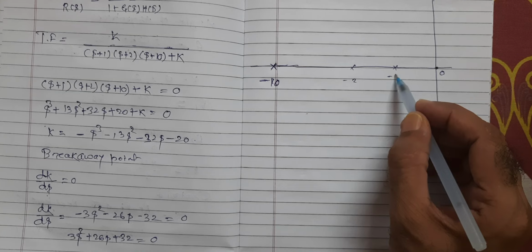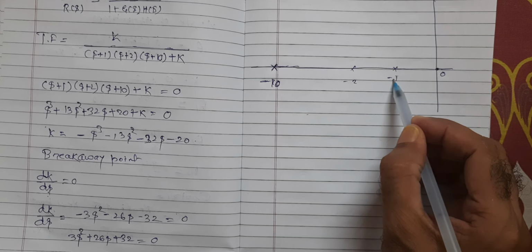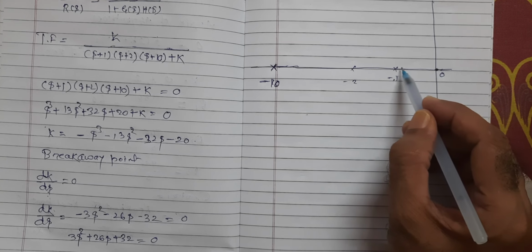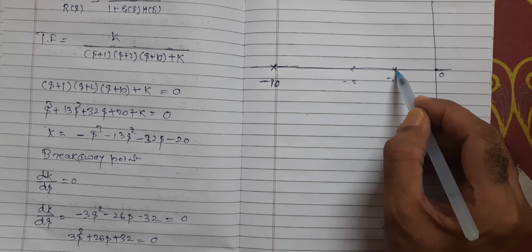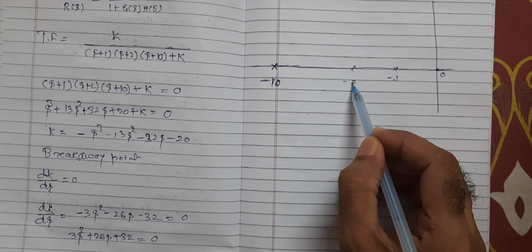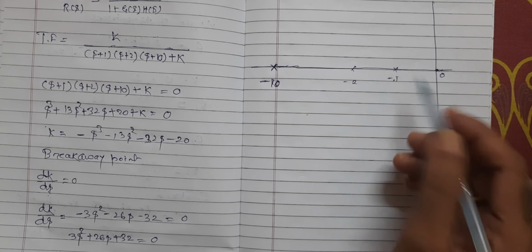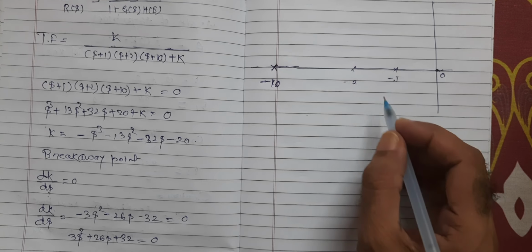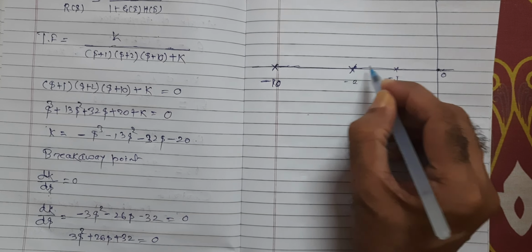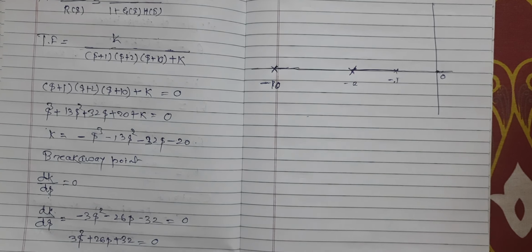To the right of the first pole there are no poles on this side, so no root locus will exist between the origin and -1, or to the right of it. Now to the right of -2, there is only one pole, and one is an odd number, so the root locus will exist between -1 and -2.